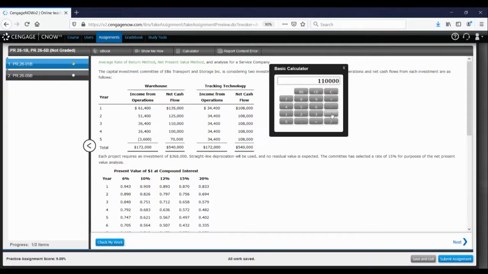So I'll multiply 110,000 times 0.658. And what that will give you is 72,380.